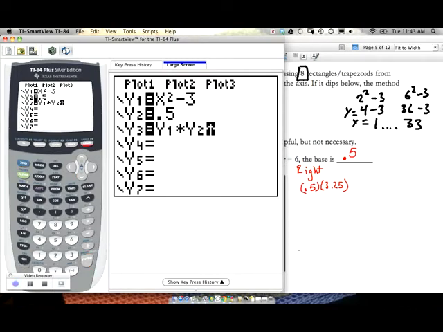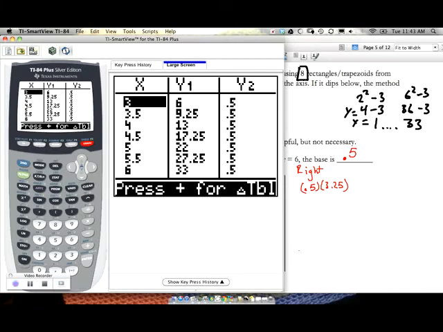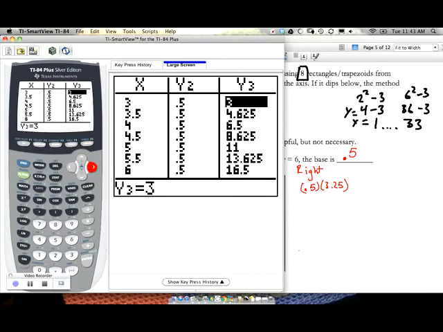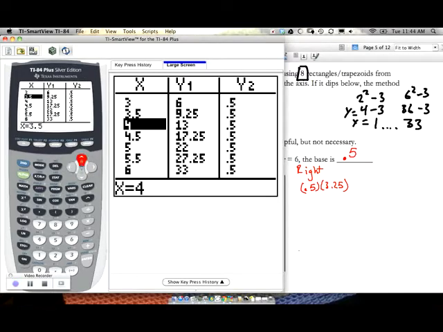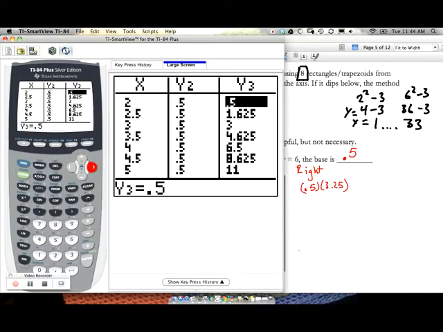So when I look at my table, I've got to scroll over to get to the ones that I want, y3 right here. I'm multiplying those two numbers together that we were looking at. I've got to scroll up all the way to start at 2. There we go. So it's going to be 0.5 for the first one, then 1.625, and 3, and so on.